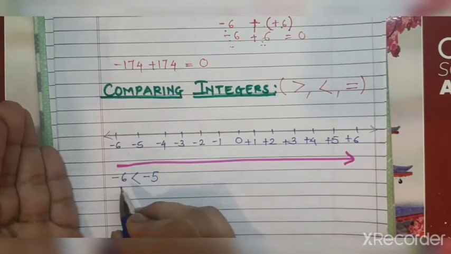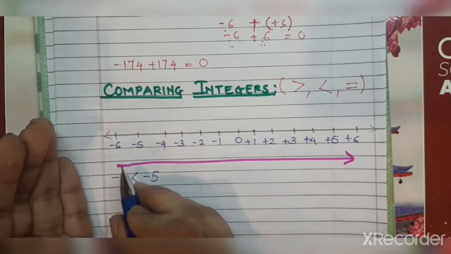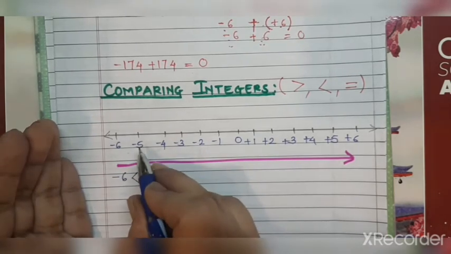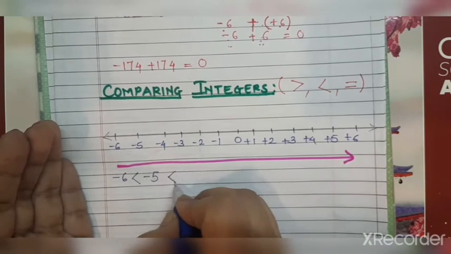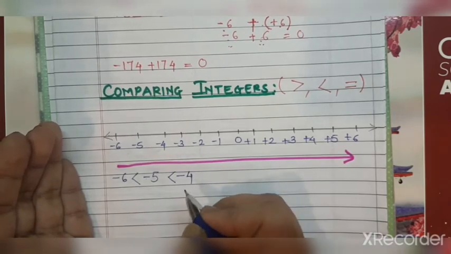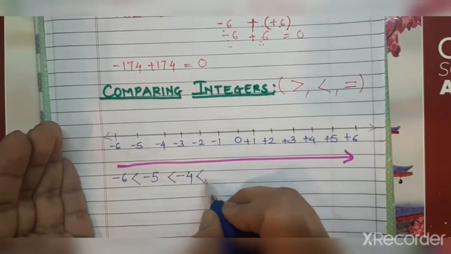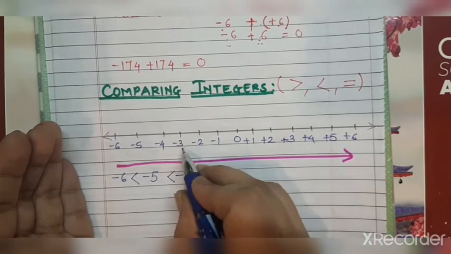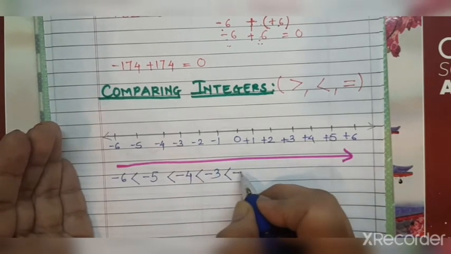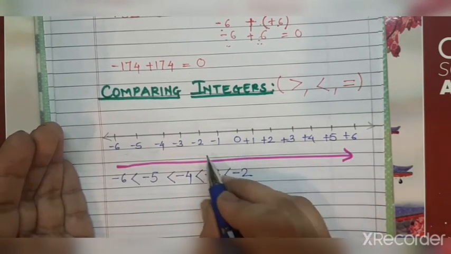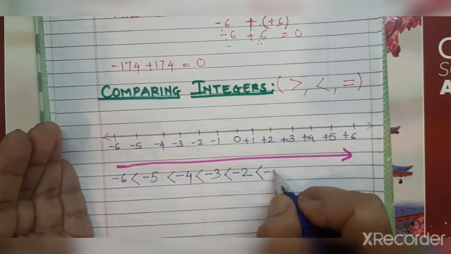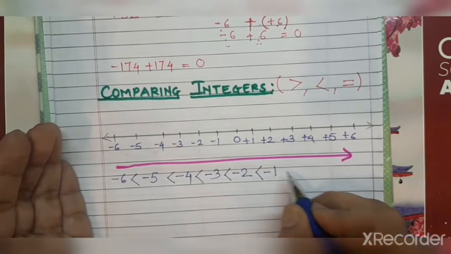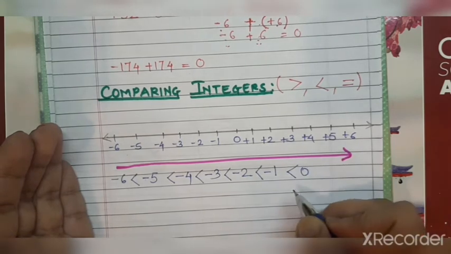Negative 6 is less than negative 5. Negative 5 is less than negative 4. Negative 4 is less than negative 3. Negative 3 is less than negative 2. Negative 2 is less than negative 1. Negative 1 is less than 0.